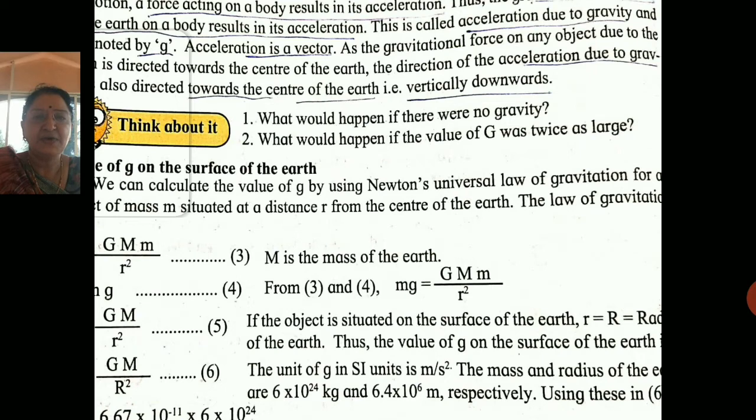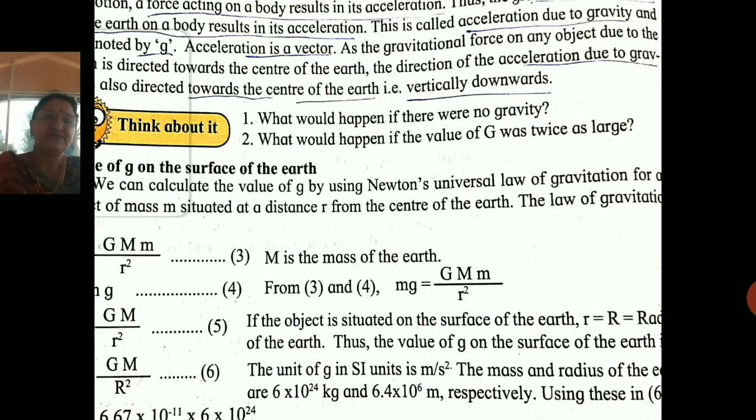At that time, the value of g is equal to GM upon r square, and we know the values of capital G, M and capital R. The value of gravitational constant is equal to 6.67 into 10 raised to minus 11 Newton meter square per kilogram square, and the mass of earth is equal to 6 into 10 raised to 24 kilogram, and radius of earth is equal to 6.4 into 10 raised to 6 meter.